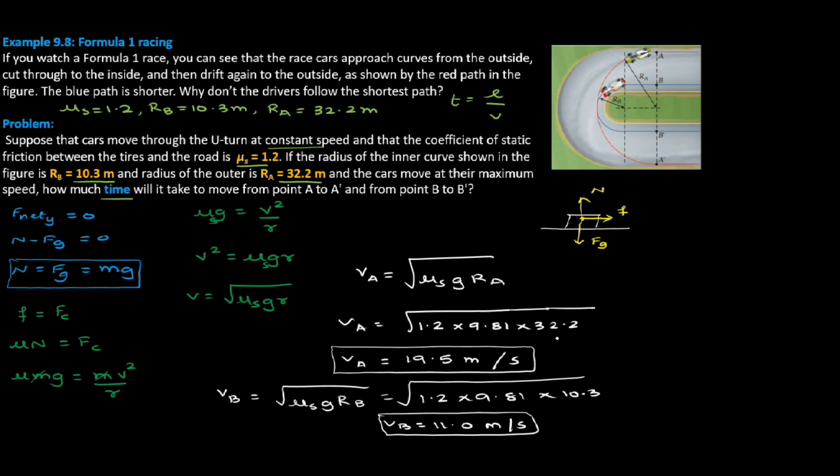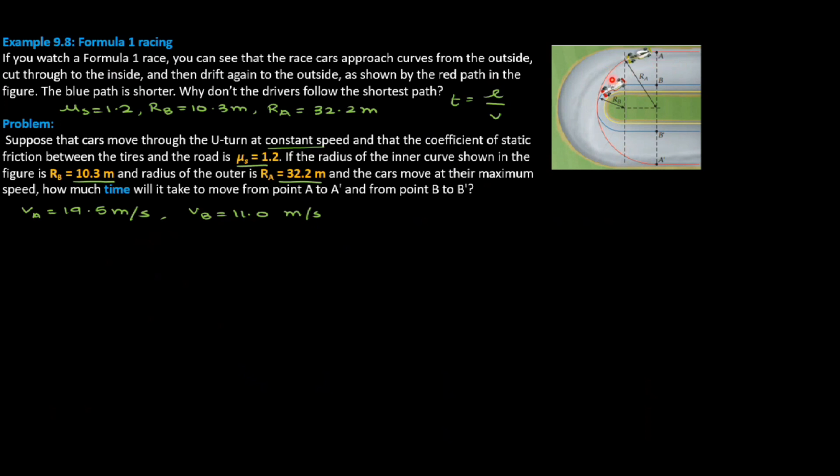After we found the velocity, we need to find the path length, or the distance each car covers moving along the red path and the blue path. Now, when the car is moving along the red path, you see the red path is a semicircular curve. So if I want to find the distance covered moving from A to A prime, I just need to find the circumference, or perimeter, of this semicircular curve.